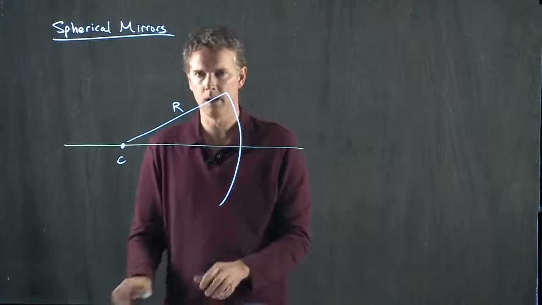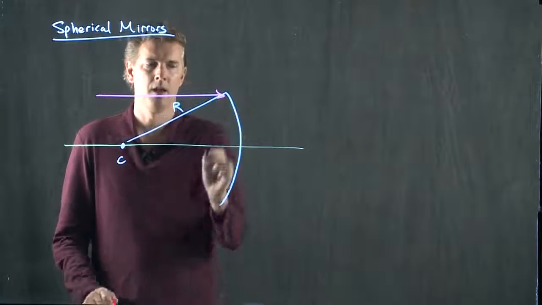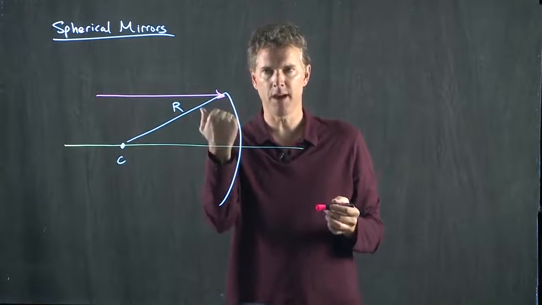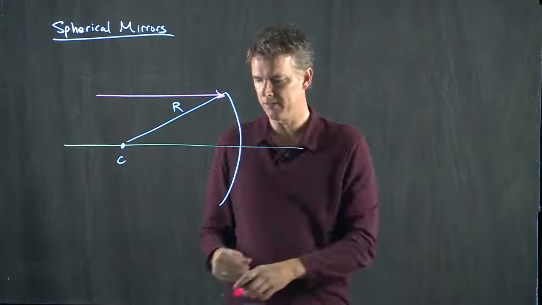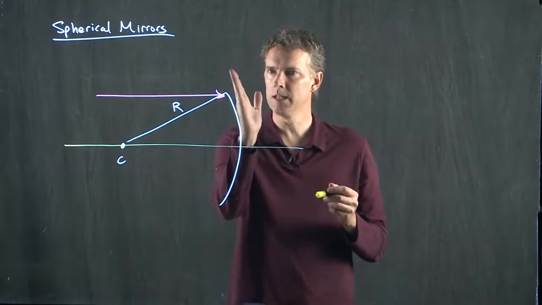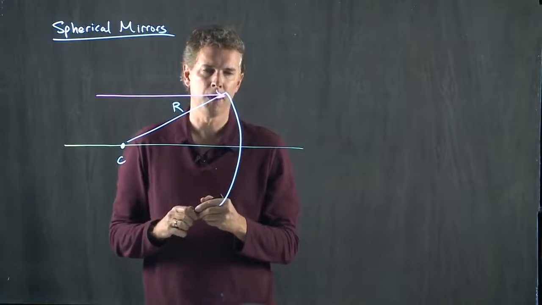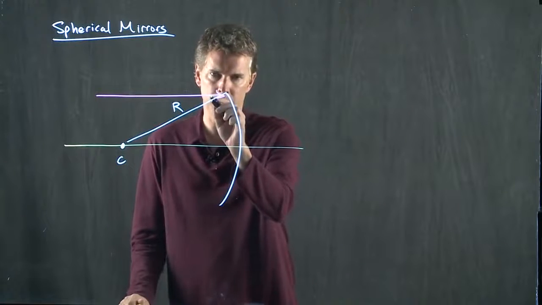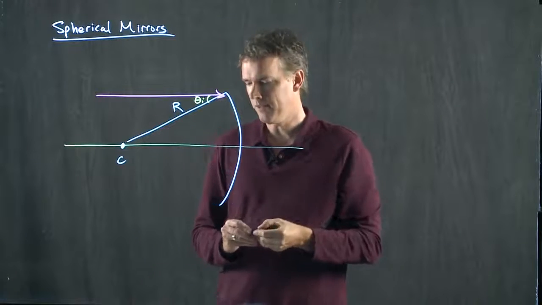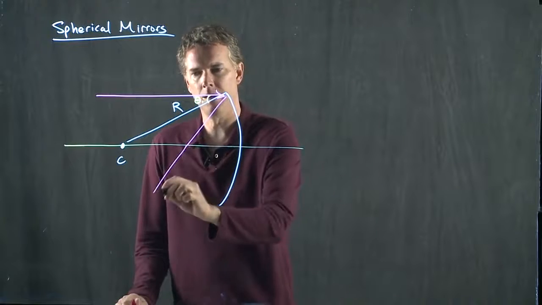All right, what does this mean for the rays that are coming in? Well, when a ray comes in here, it is of course going to hit the mirror and bounce off at the exact same angle as it came in at. But that angle is relative to the local surface, and so we have to worry about this angle right here. This is your theta I. If that's your theta I, then this is your theta R. Okay?